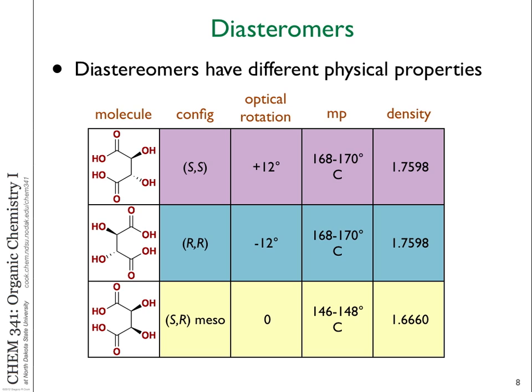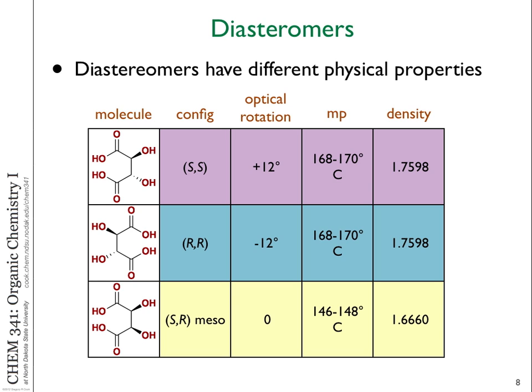Okay. Well, we can talk a little bit about the properties of molecules. If you remember when we were discussing the mirror image isomers and enantiomers, I told you that the physical properties are identical except for how those molecules interact with plane polarized light. It'll rotate light in one direction or the other, by the same amount though.